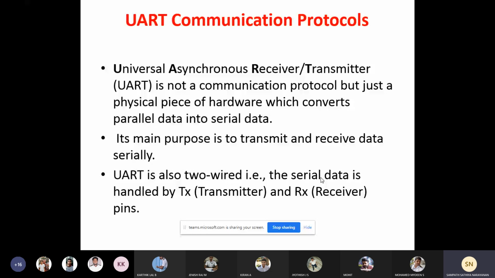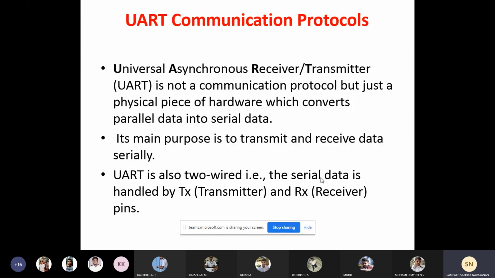There will be a buffer. If a microprocessor or microcontroller wanted to transmit data, that buffer will hold the parallel 8-bit data, and this parallel 8-bit data will be converted by a UART IC into serial and will be transmitted serially to the remote device.